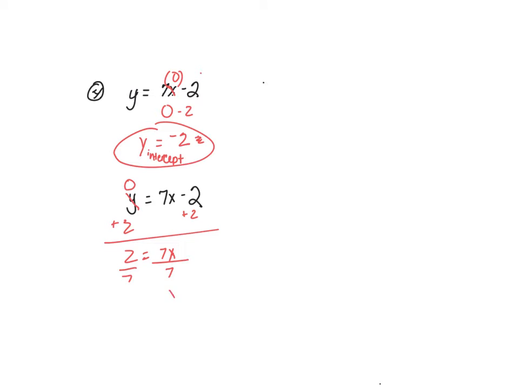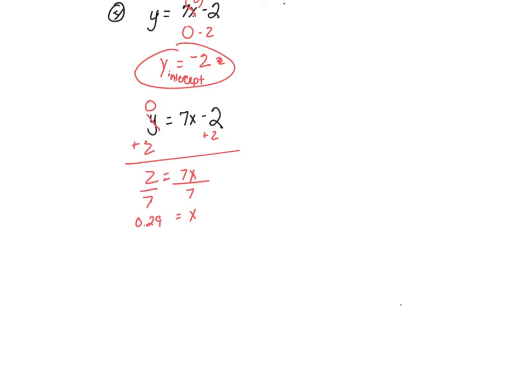So your x is 2 divided by 7, which is about 0.2857, so we'll round it to 0.29. So your x-intercept is 0.29.